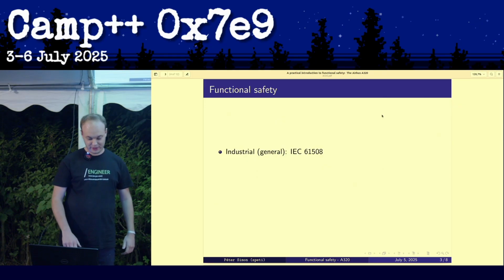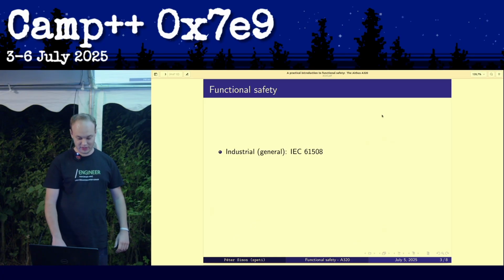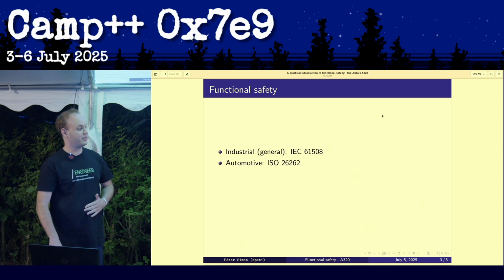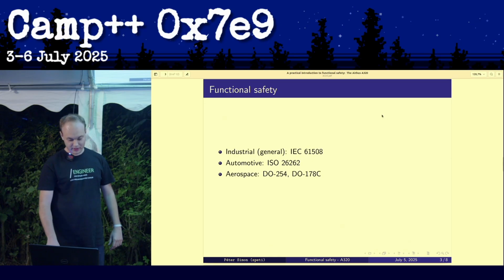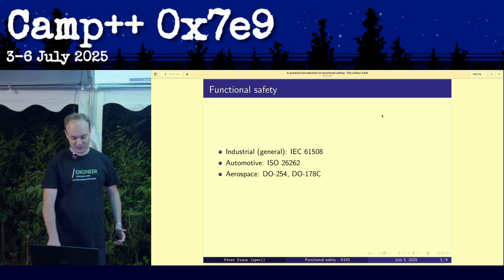So there are a few standards for these. The most commonly used is the 61508, and there's an automotive variant for this that is largely the same. And there are standards for the aerospace industry, which are less similar, but basically cover the same main topics.